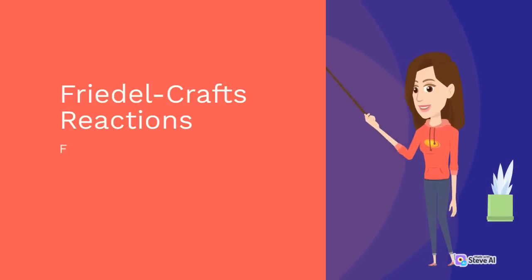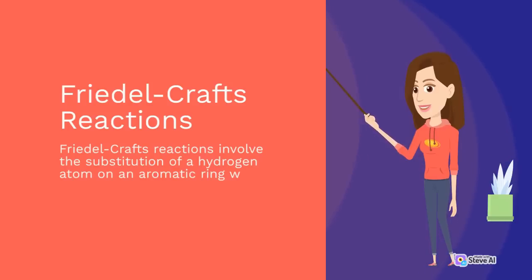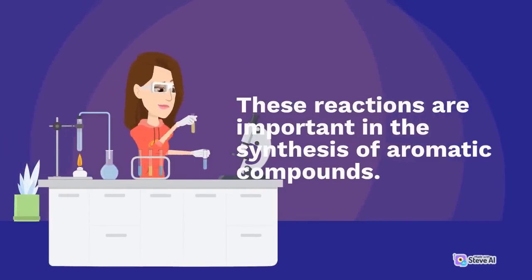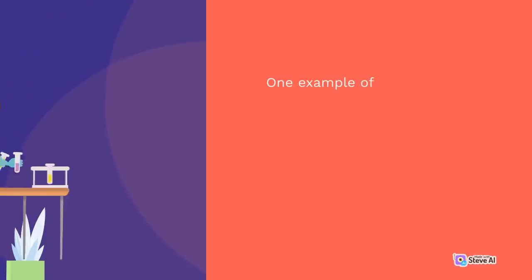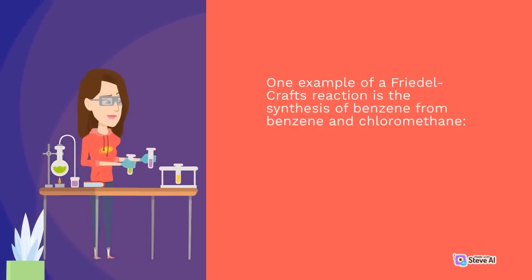Friedel-Crafts reactions. Friedel-Crafts reactions involve the substitution of a hydrogen atom on an aromatic ring with an electrophile. These reactions are important in the synthesis of aromatic compounds. One example of a Friedel-Crafts reaction is the synthesis of toluene from benzene and chloromethane.